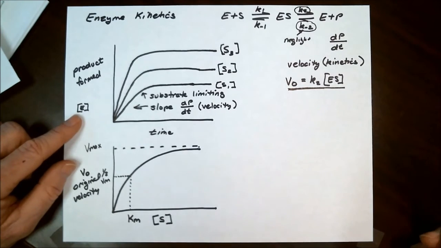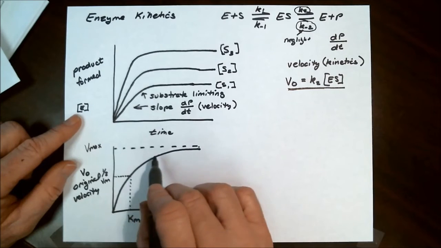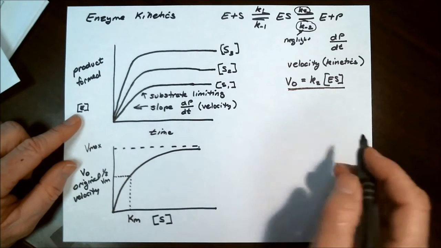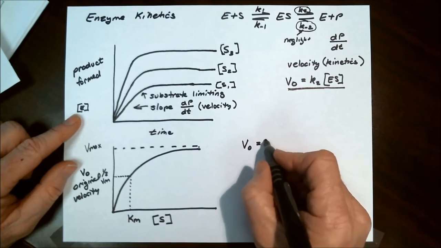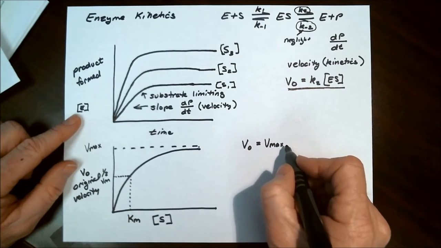Now, what are these factors? Well, if we do an algebraic interpretation of this graph, we come up with a very familiar biochemical equation.